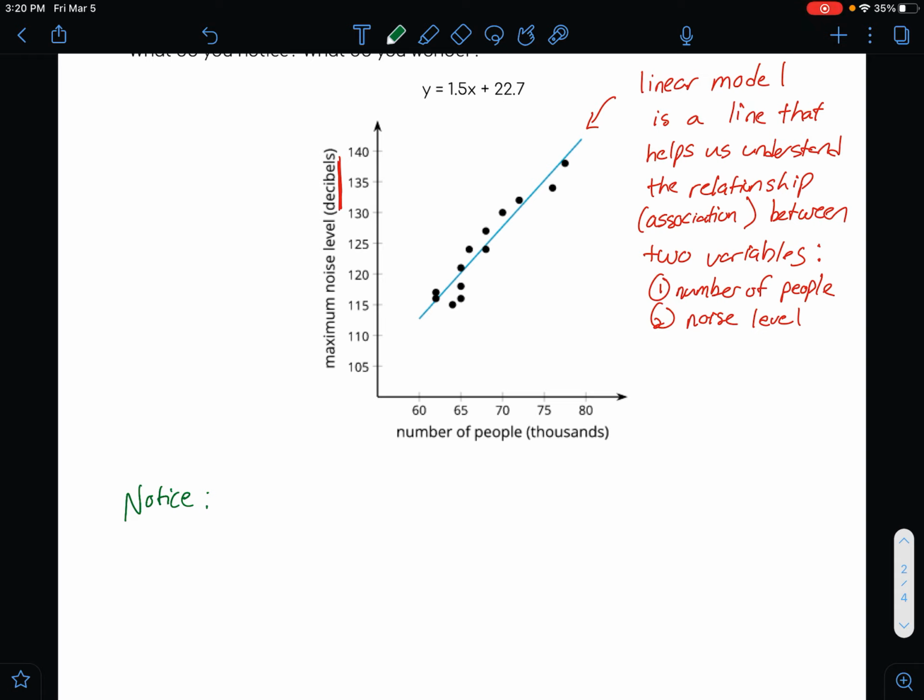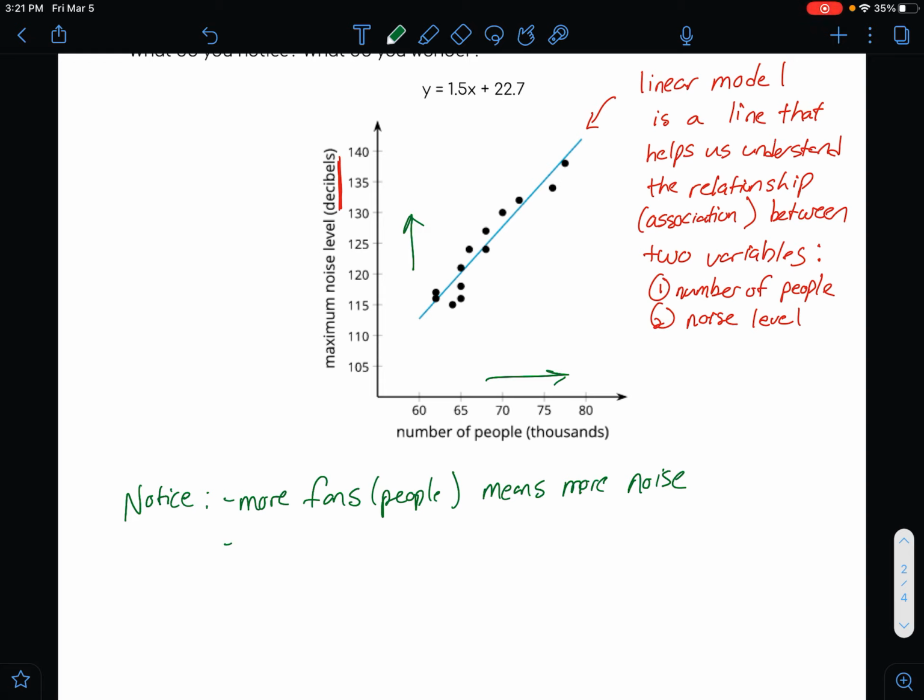What I'm noticing here is as the number of people go up, so does the noise. Okay, so more fans, more people, means more noise. That might seem kind of obvious, but that's definitely showing us that.